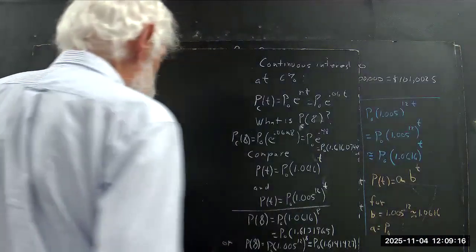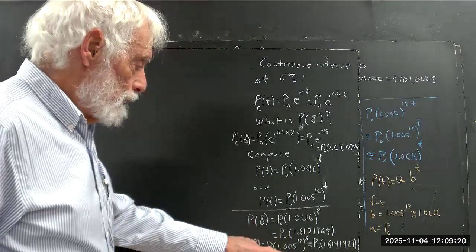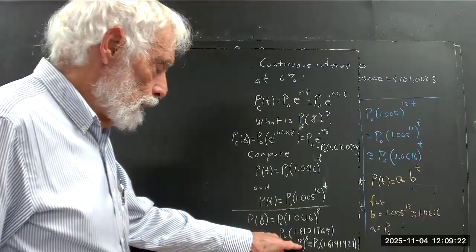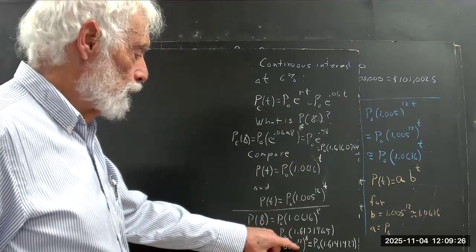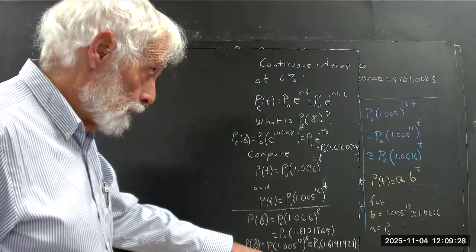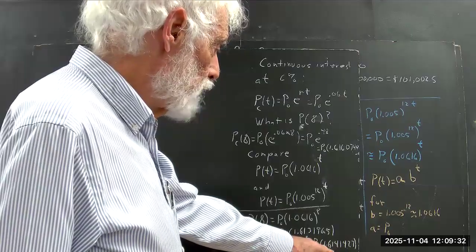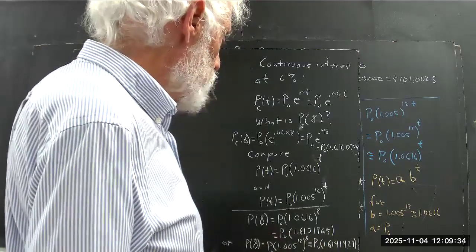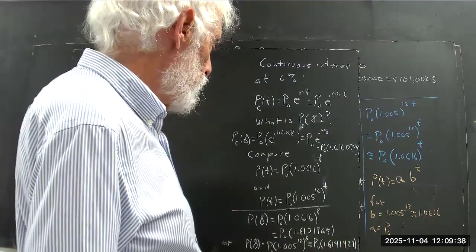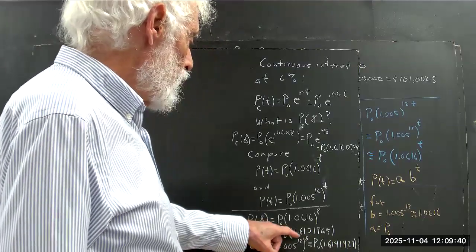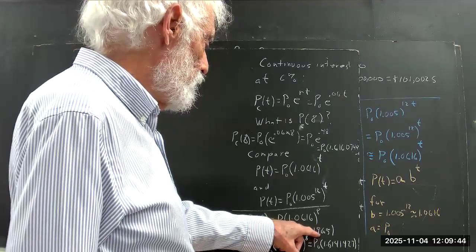If I use the accurate model, 1.005 to the 12th to the 8th, which is 1.005 to the 96th power, I get 1.6141427 as my multiplier, which would correspond to $161,414 approximately, as opposed to $161,319.